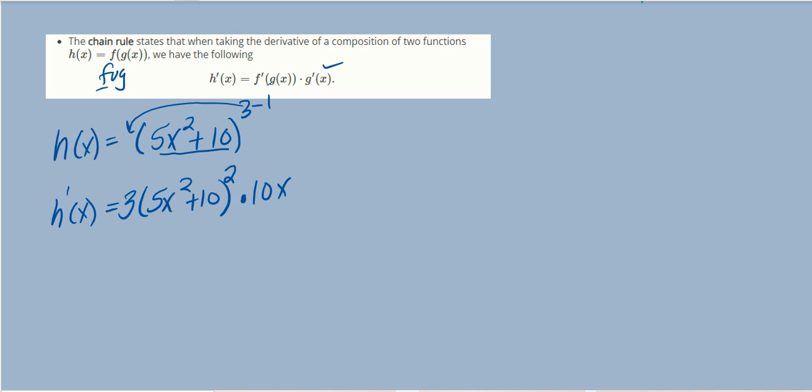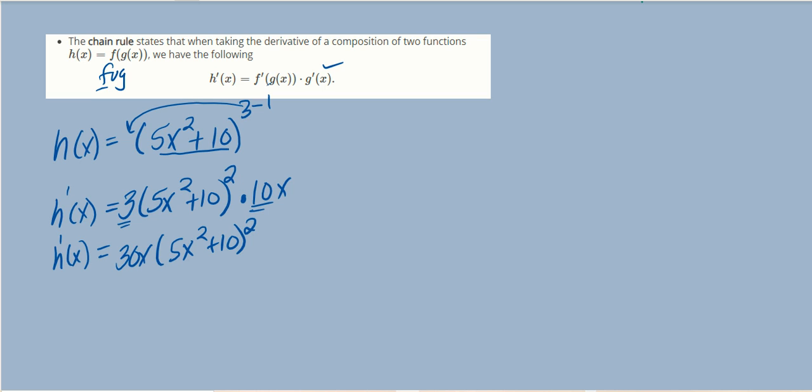To make it look nice and simple, we multiply this 3 times this 10x, and we get 30x times (5x squared plus 10) to the second power. So that will be my derivative. Again, we took the derivative of f, and then the derivative of the g on the inside, and we multiplied the two together.